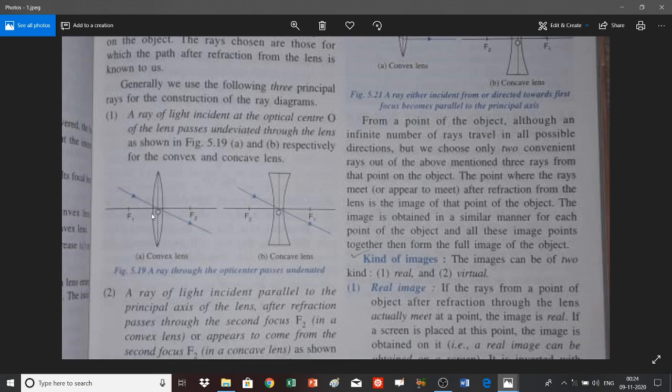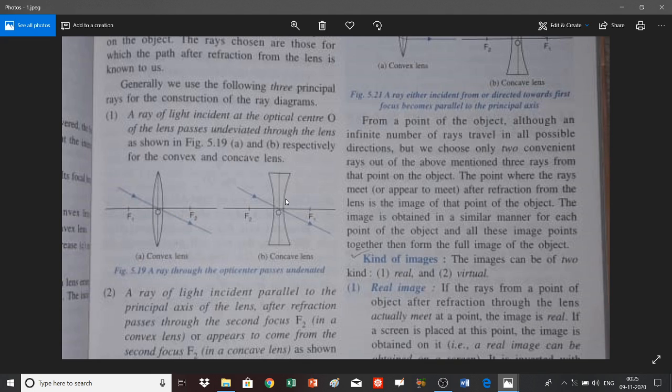You know that the distances of these two foci from the optical center are equal. In a similar way, this is a concave lens in which this is principal focus number two and this is principal focus number one. Whether it is a convex lens or concave lens, if a ray of light passes through the optical center, then it will be undeviated. That means it will not deviate in any direction and will pass straight away.